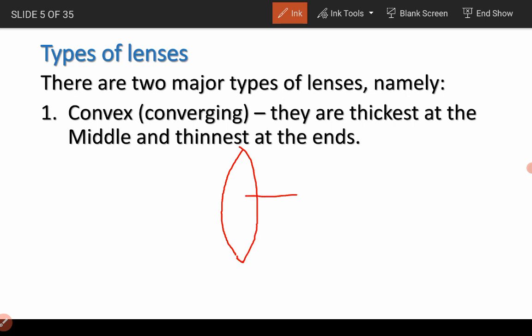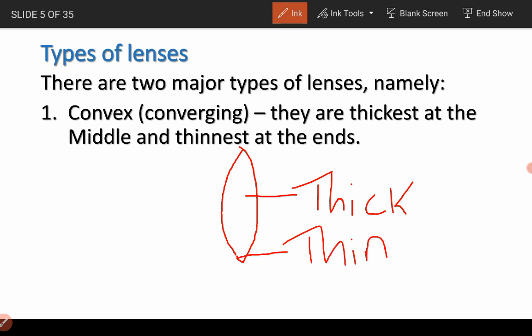So we are saying they are thick here and thin at the edge. This kind of lens is called the convex or converging. So if you don't want to say convex, just say converging.